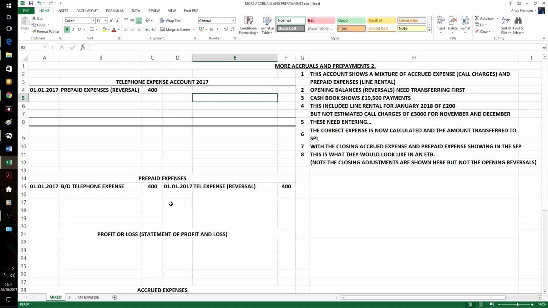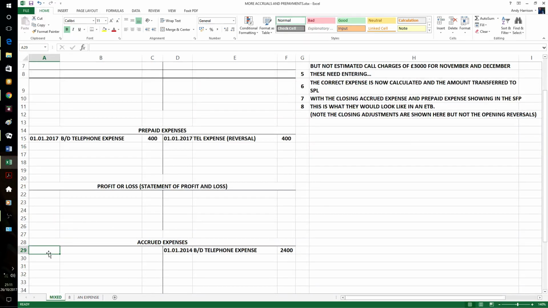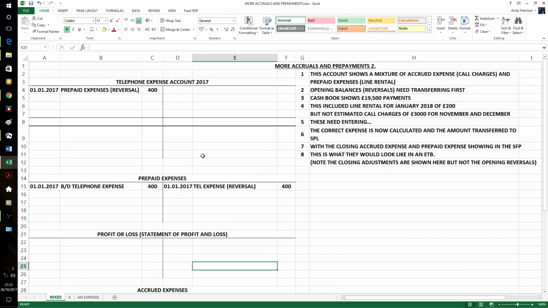And I haven't done the same with the accrued expense. So we've got both. So we're putting the 2,400 into our telephone expense as well.